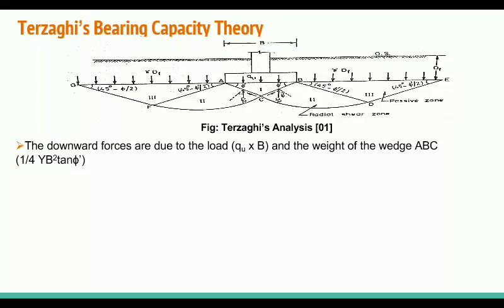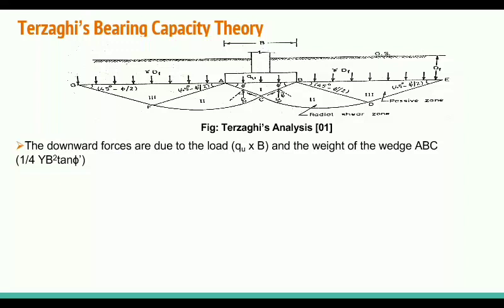In this figure, angle CAB is equal to angle CBA, equal to phi dash, that is the angle of shear resistance. You can calculate it also by trigonometry.